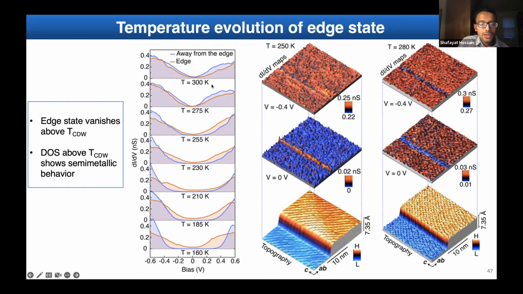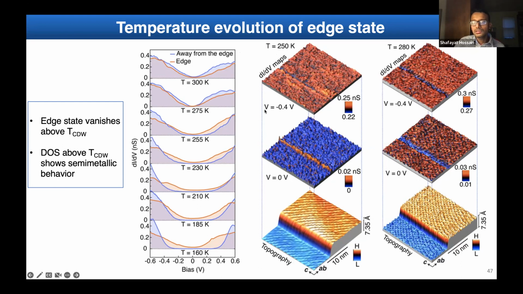In brief, what happens is as we raise the temperature above the charge density wave transition, the gap and the edge state both go away. This can also be seen in the conductance maps. If we take a conductance map below the charge density wave transition at 250 Kelvin, there is an edge state at the Fermi level.